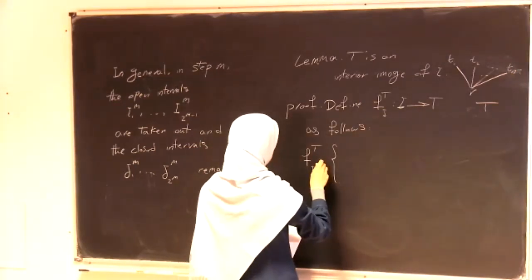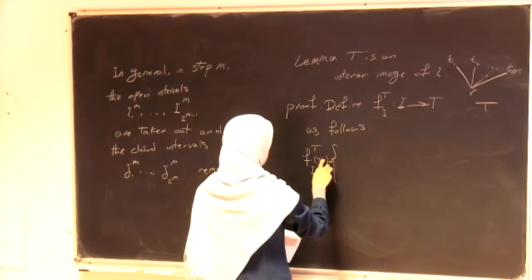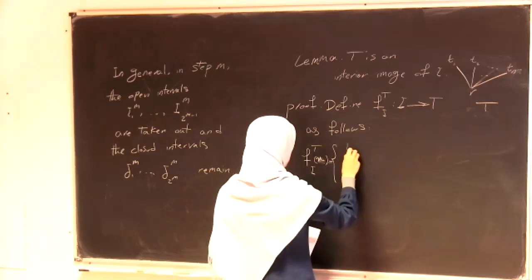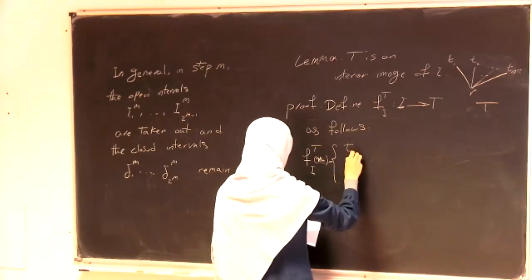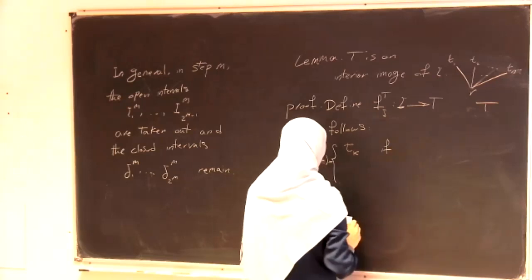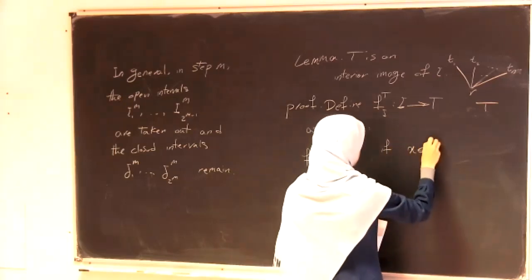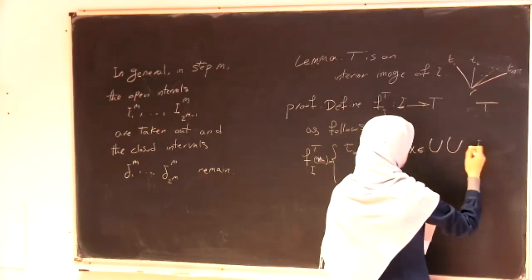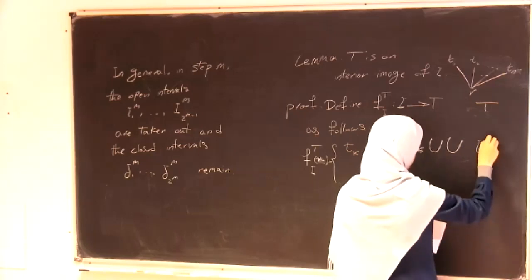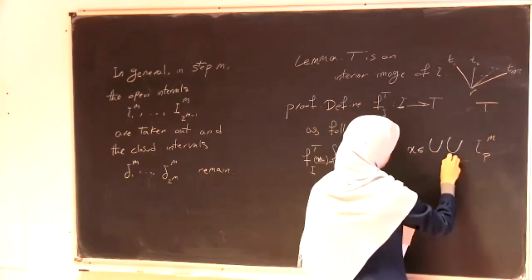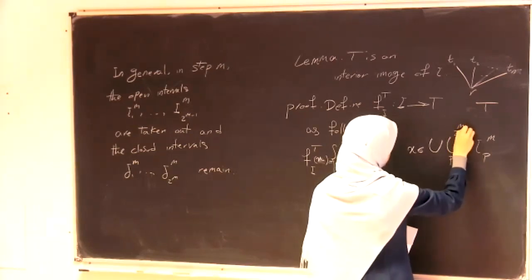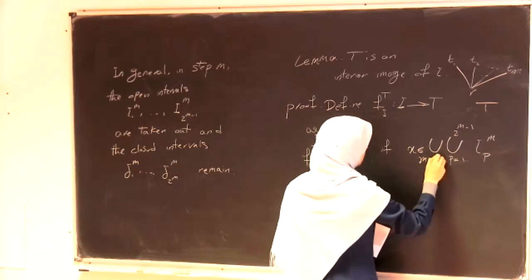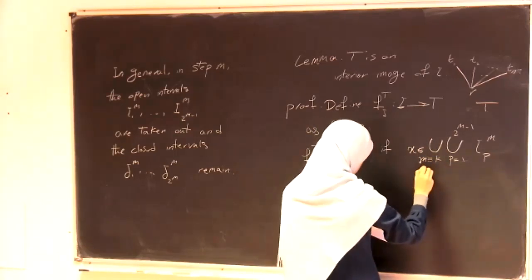We send x to the point t_k if x is in the taken-out open interval I_pm, where p is from 1 to 2^(m-1) and m is congruent to k mod n.